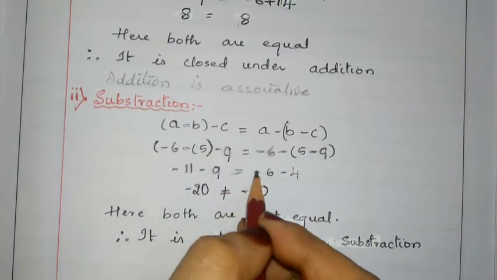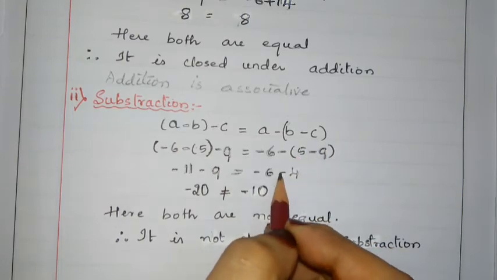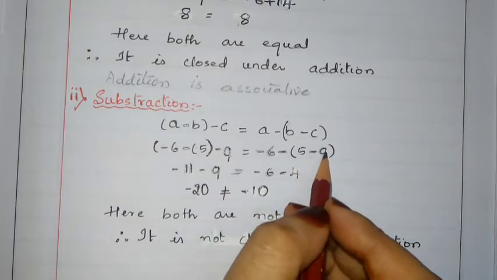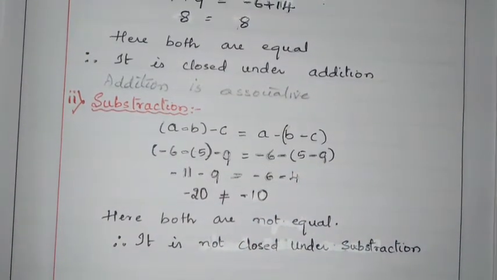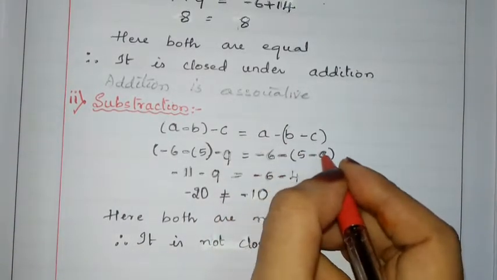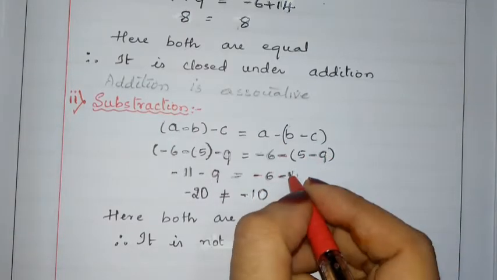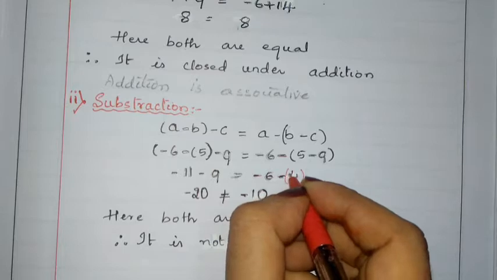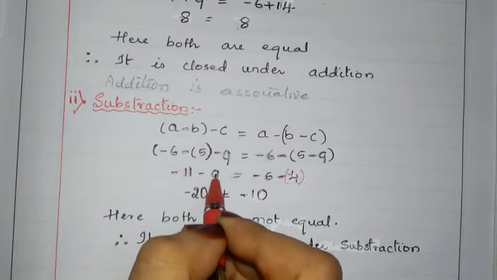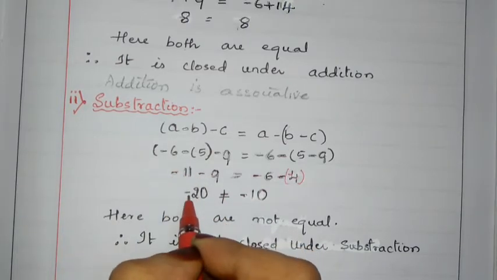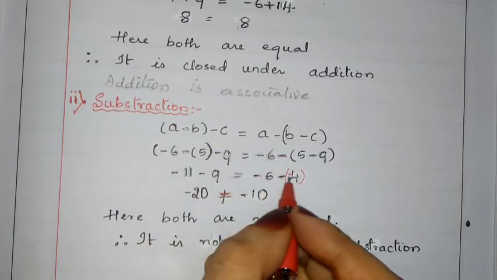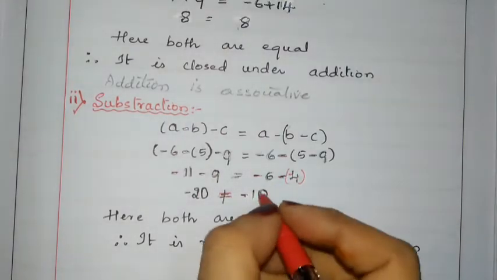Now this side is equal to -6 as it is, minus, outside minus, 9 minus 5 is 4. Here I write -4. Now minus minus becomes plus. 11 plus 9 is 20, so -20 is equal to, first I have written 6 plus 4.